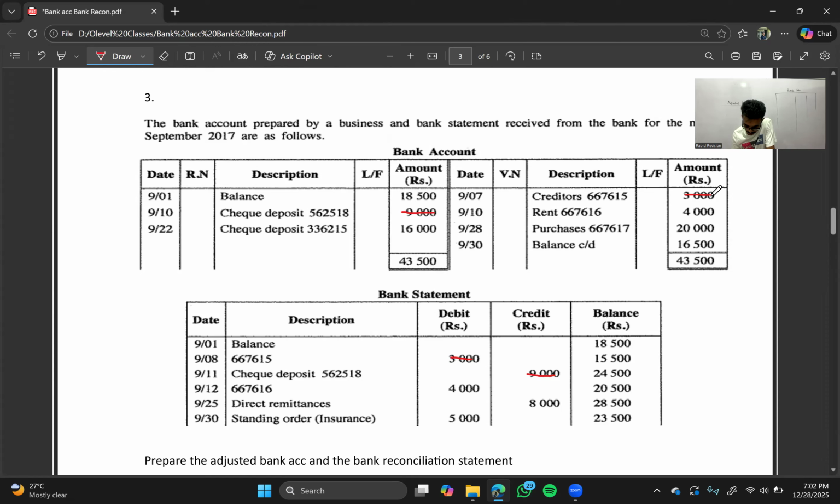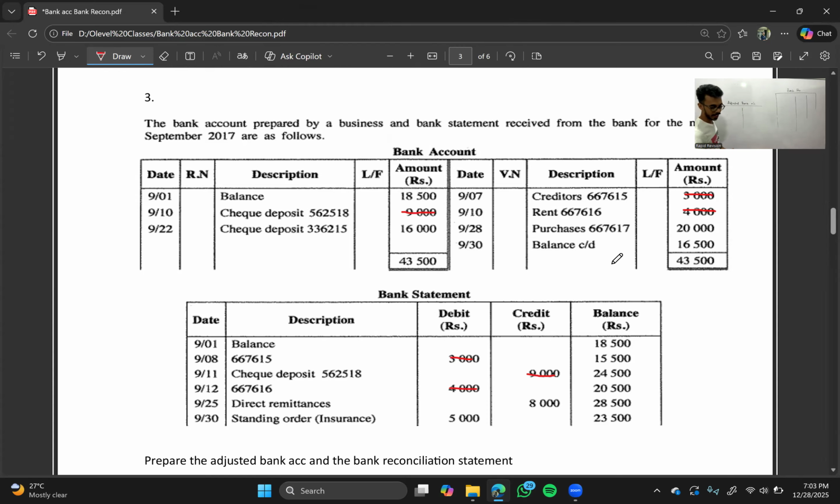And 616 is there, so we will cross it as well. And direct remittance and the standing order, and 617 as well. Okay. So these are the elements that we find.